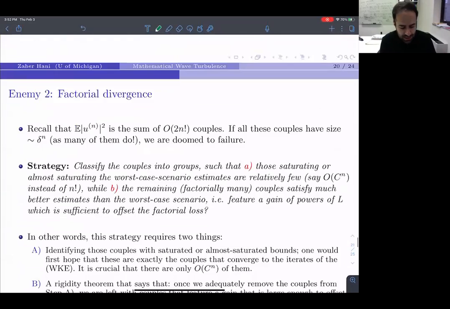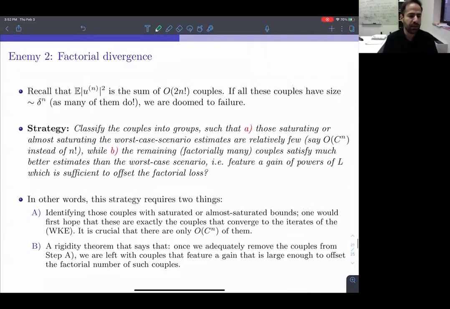Okay, so the key strategy of the proof is to classify couples into groups, such that those groups that saturate or almost saturate the worst scenario estimate, which is this thing, delta to the n, there are few. There are not so many of them. They're not factorially many of them.